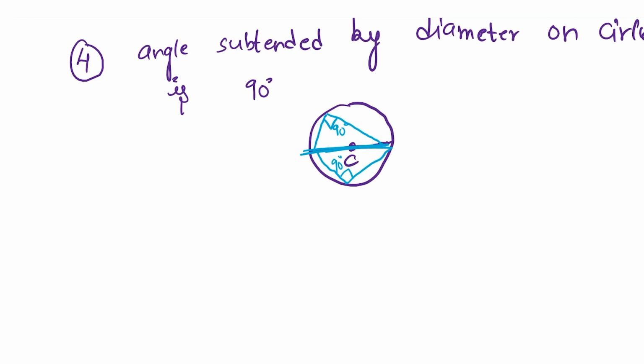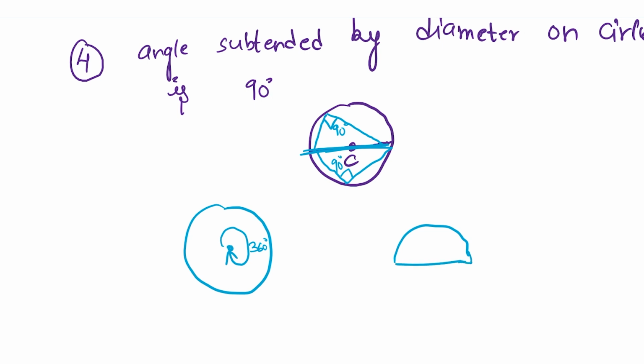And some basic things, let's say if it is a circle, and this is the point. This entire angle is how much? 360 degrees. So half of it, for a semicircle, is 180. So these are basic things. 360 degrees means how much in pi? 2 pi, right?